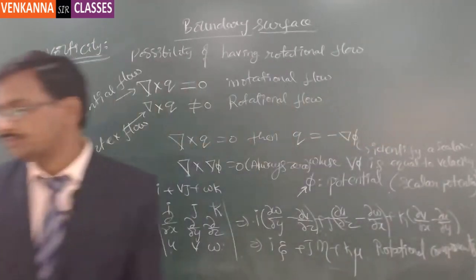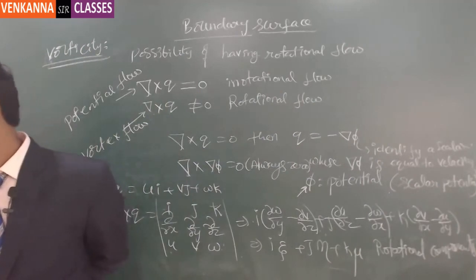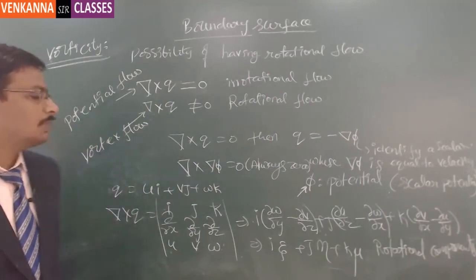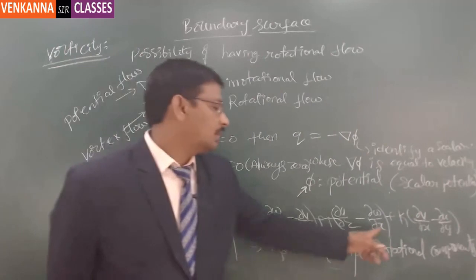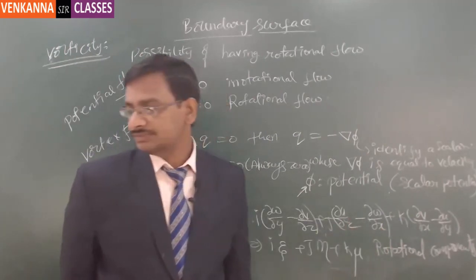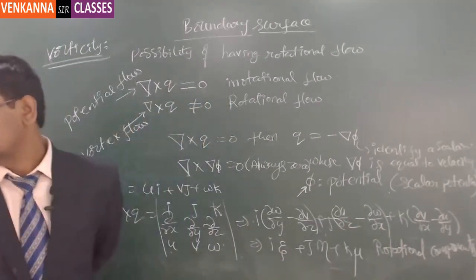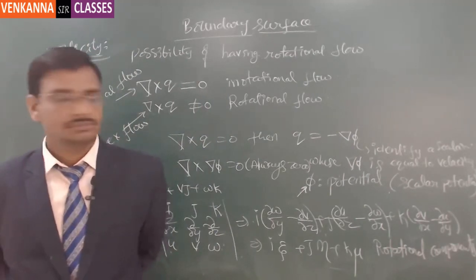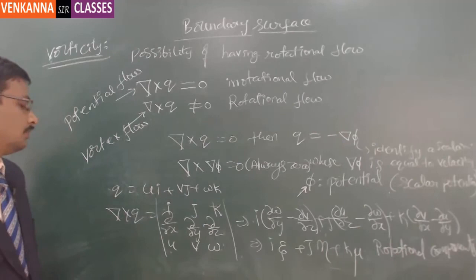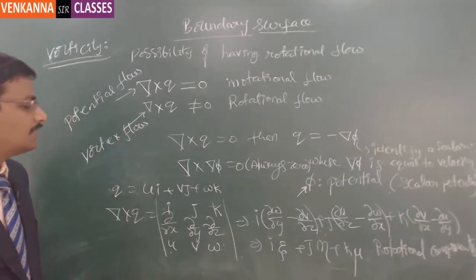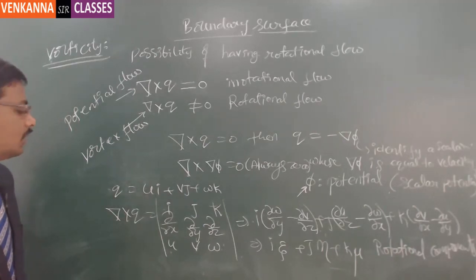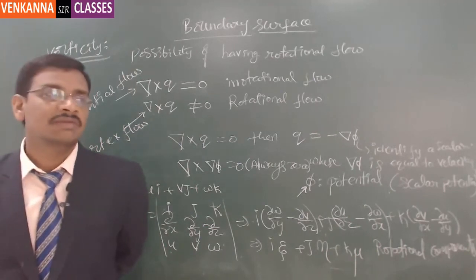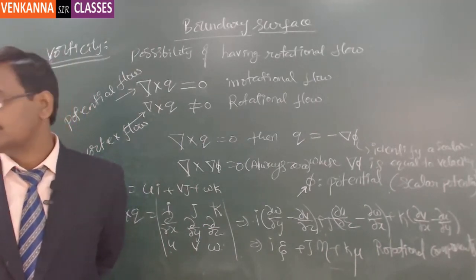It's not minus j, I have changed the order to dw by dx and du by dz. You can note this down. Based on these values, we will find the vortex lines the way we found the streamlines.